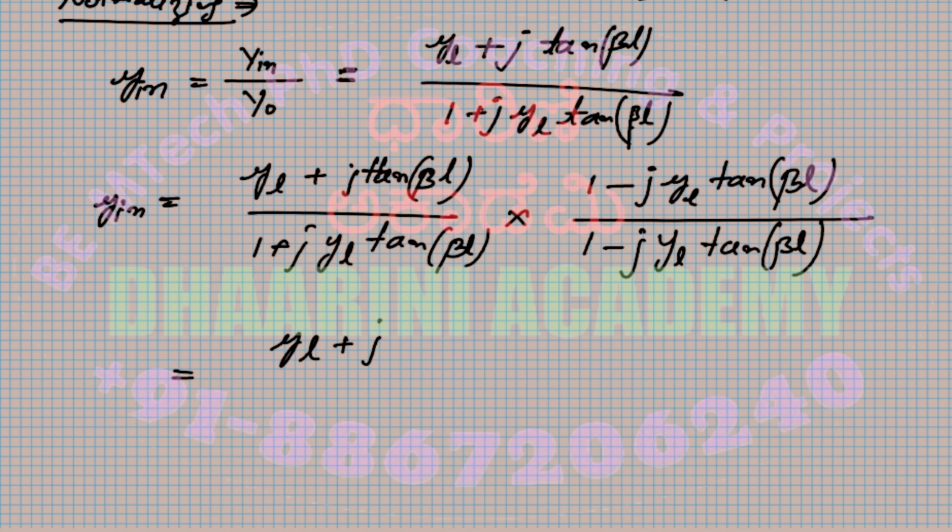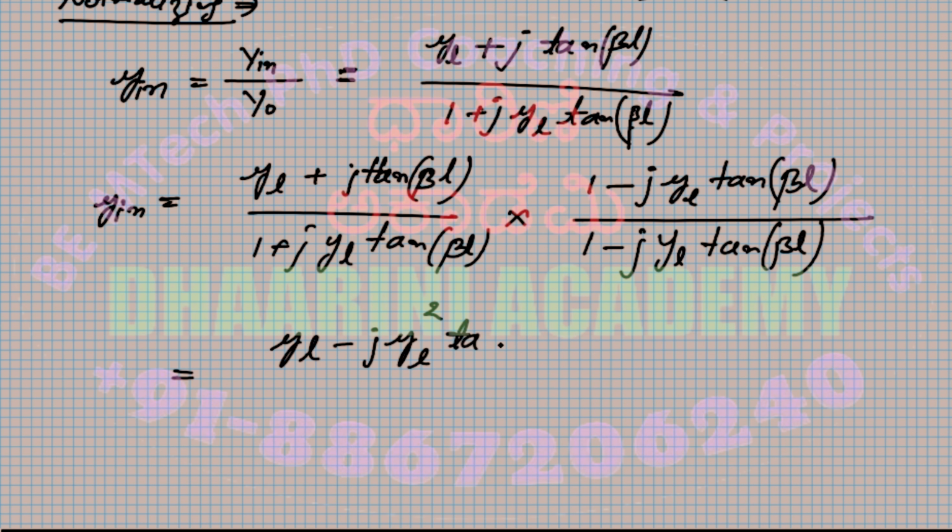So YL into 1 is YL as it is. YL into minus j YL gives you minus j times YL square tan beta L, isn't it? That's the first term.